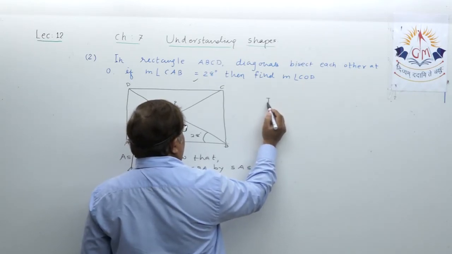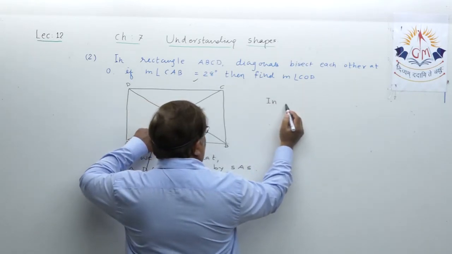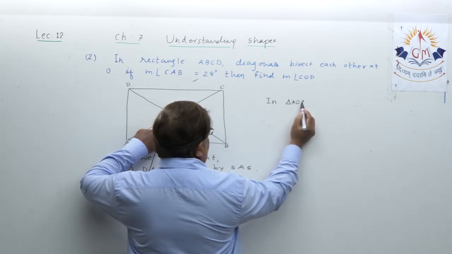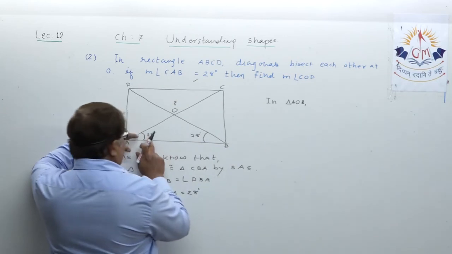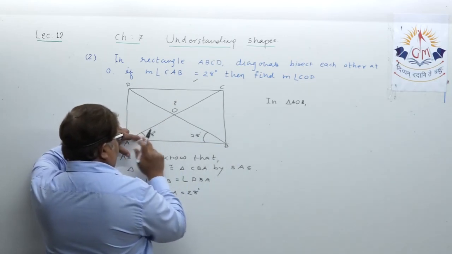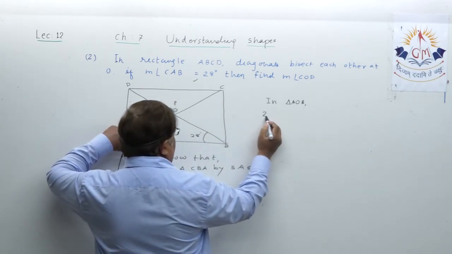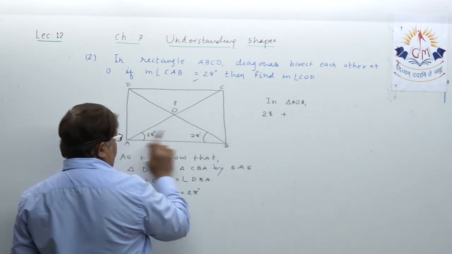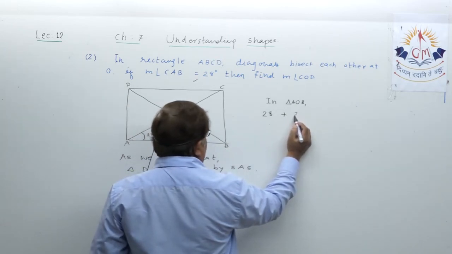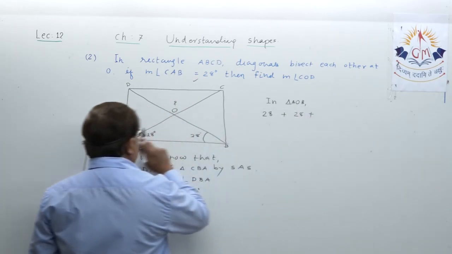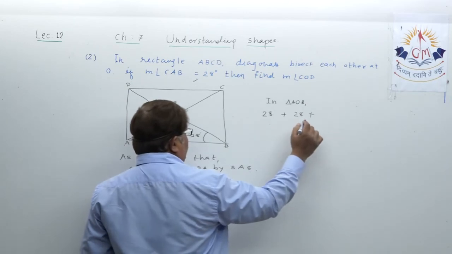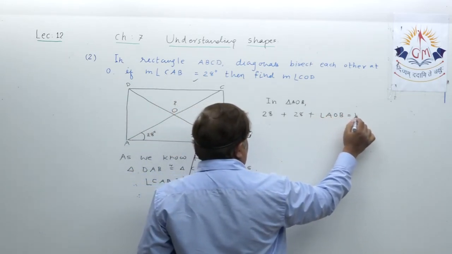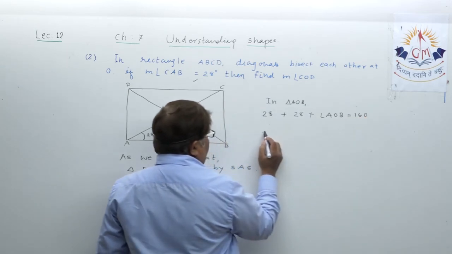Therefore, in triangle AOB, I am not writing angle OAB, I am just writing 28, plus, not writing OBA, directly writing 28, plus angle AOB equals 180.